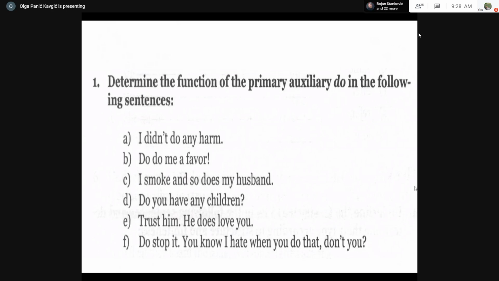In some other cases, you will see there is also do as an auxiliary. So you find do as an auxiliary, you underline it, and then you state which of the 5 functions I've just mentioned is the primary function of the auxiliary do in these examples.